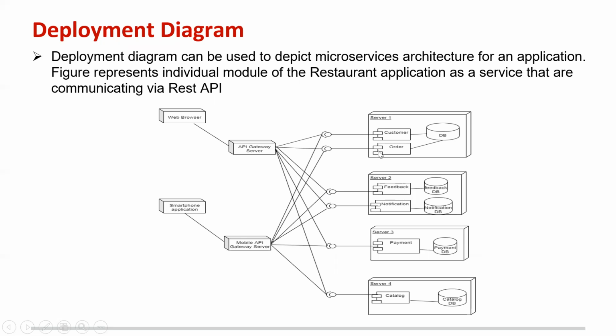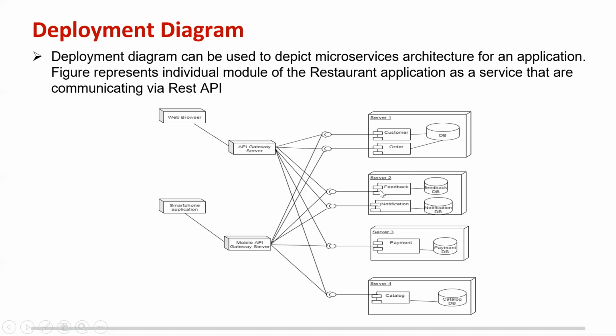On the right side, we have four servers, and each server has specific services deployed into it. In server one, we have the customer and order microservices deployed, and both services share the same database. Since they are working together, we are sharing the database between the customer and order.